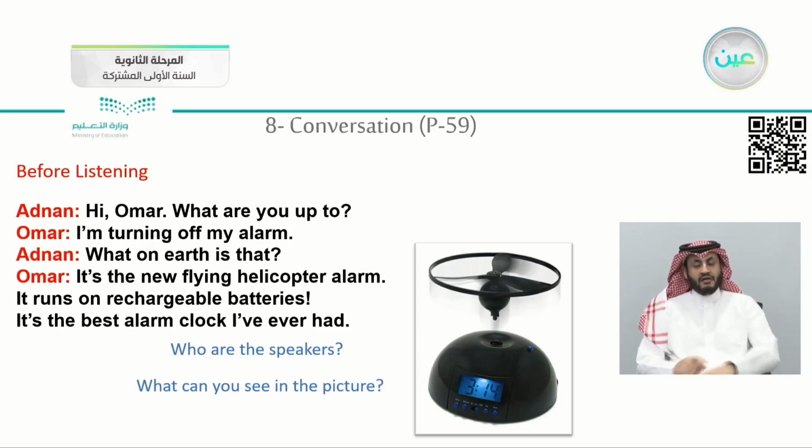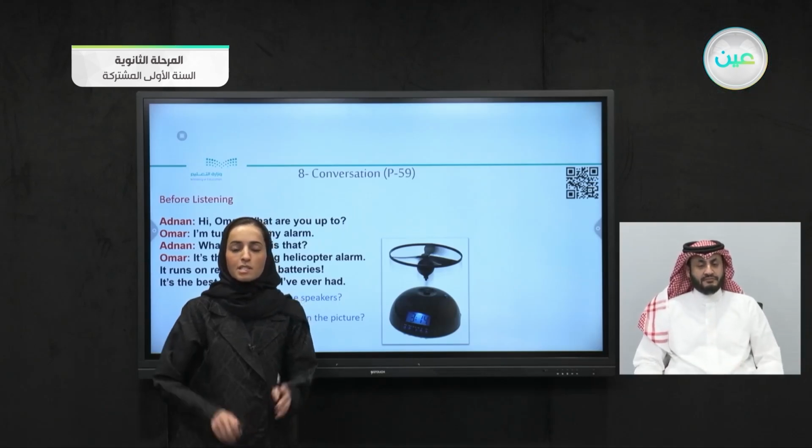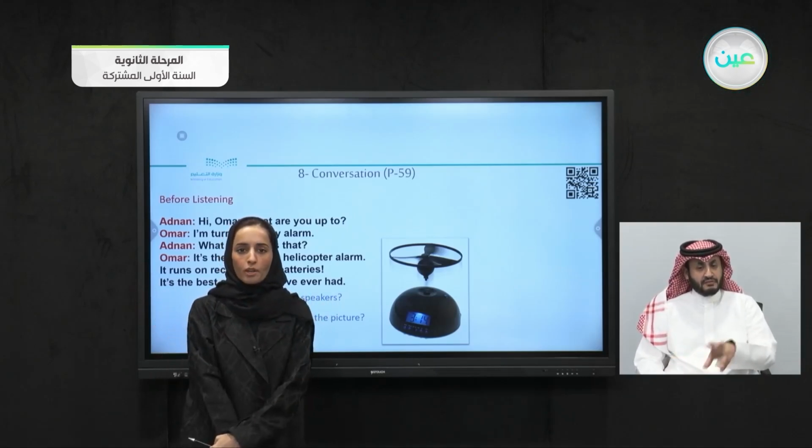What does it look like? For me, if it is an alarm clock, it looks like maybe it is a toy, we can say. We will call it a gadget until we get to know what it is. So it is something related to time and it could be a toy.